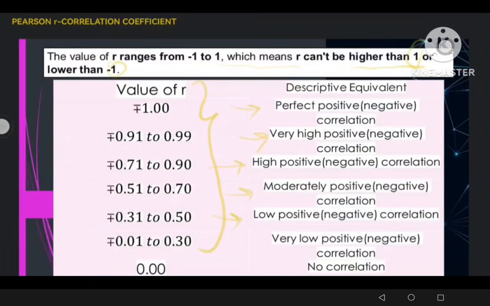And 0.01 to 0.30, that's very low positive or very low negative. And if your answer is 0, the equivalent is no correlation. Okay, so we're going to remember this after we come up with a certain answer. We're going to look at the equivalent of the value of our R.